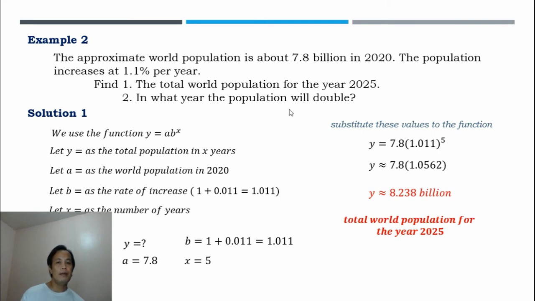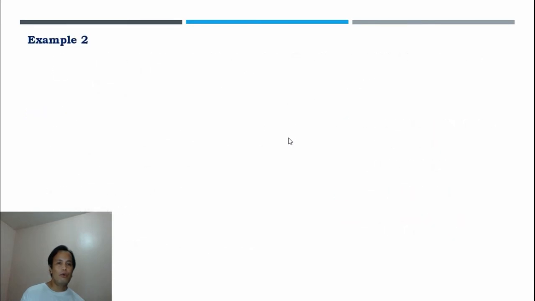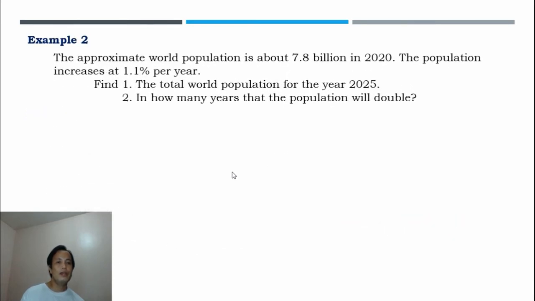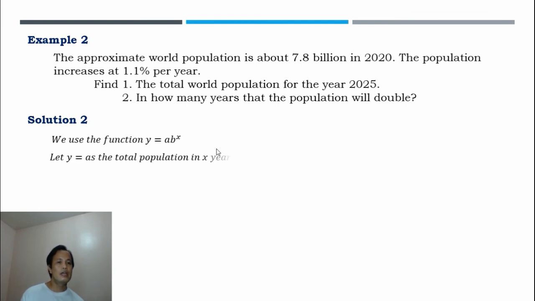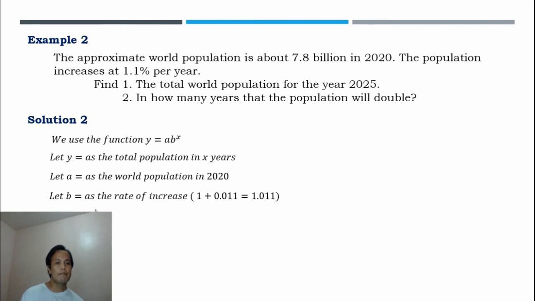But for problem number 2, we have the same problem: in how many years will the population double? So solution number 2. We use the same function, y equals a times b raised to x. We let y be the total world population in x years, a the world population in 2020, b the rate of increase, the same 1.011, and x the number of years.